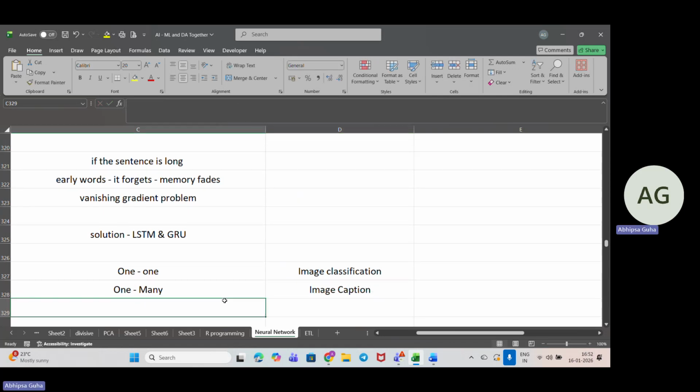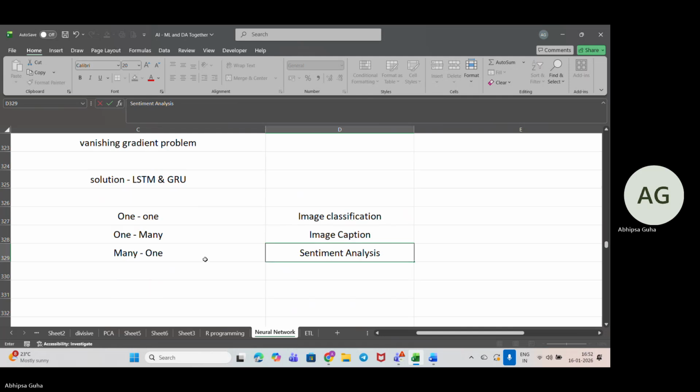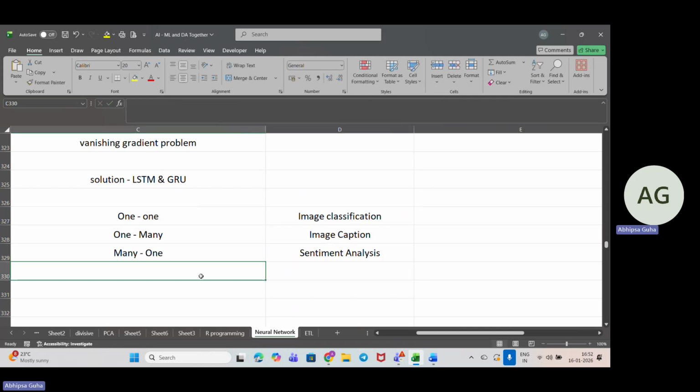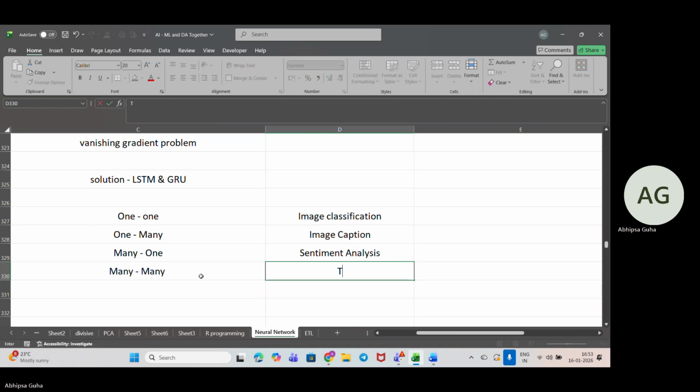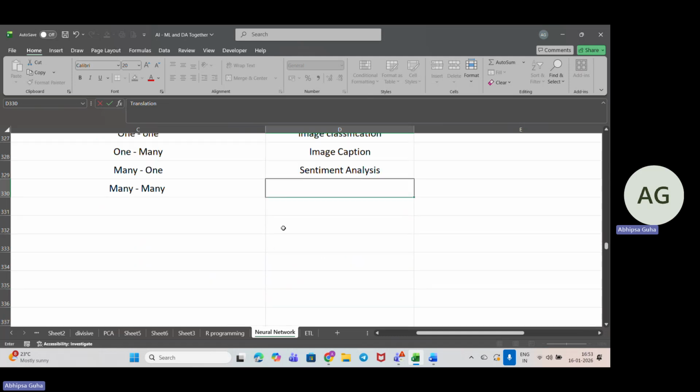Next we have many to one, that is sentiment analysis. Next, we have many to many, that is translation. Okay, so this is the idea of a full RNN system.